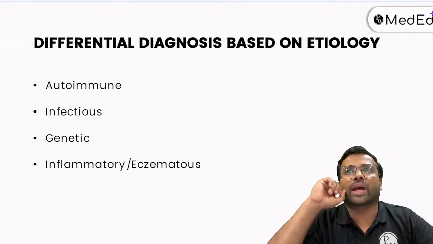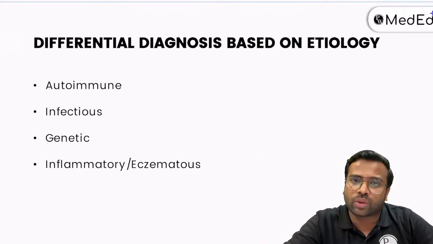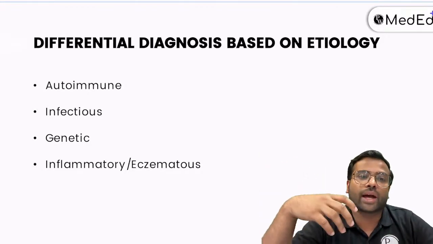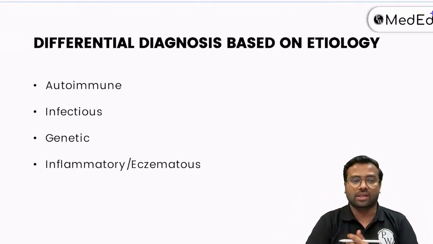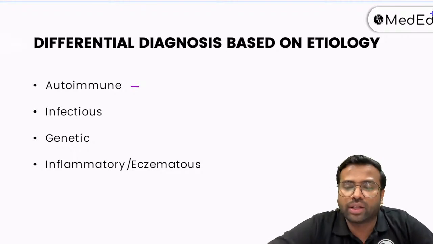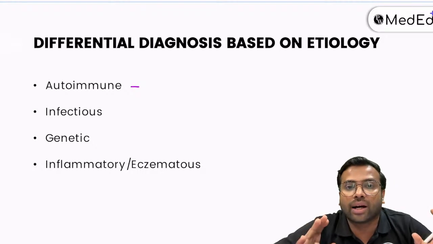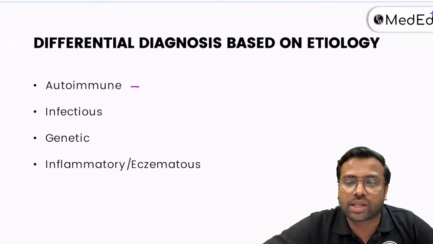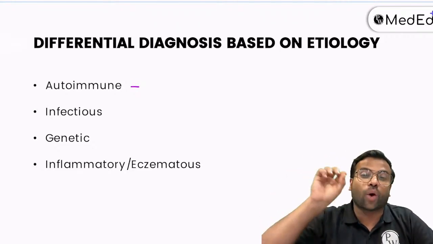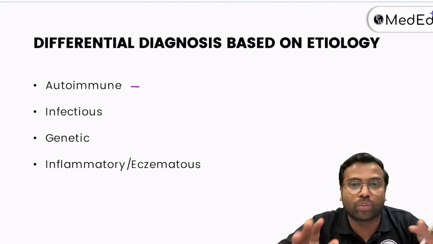So this can be either an autoimmune disease, or it can be an infection, isn't it? Sometimes it can be a genetic thing, or it can be some inflammatory or eczematous cause. Now let us say autoimmune. When you do your theory, you have learned about a lot of autoimmune diseases where you can find a bullous lesion or a vesiculo-bullous lesion over the skin. If anybody could answer, in which autoimmune disease in dermatology can you find vesiculo-bullous lesions?